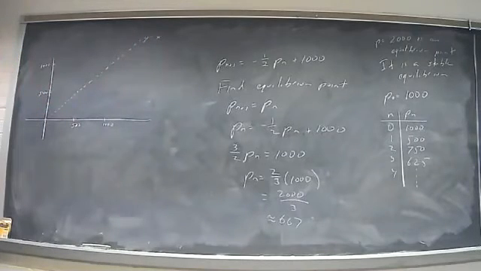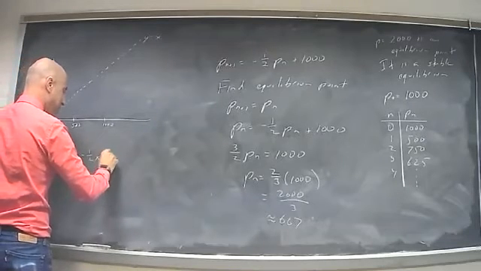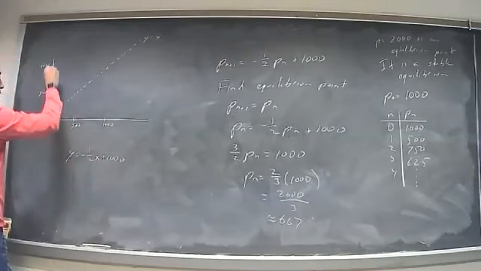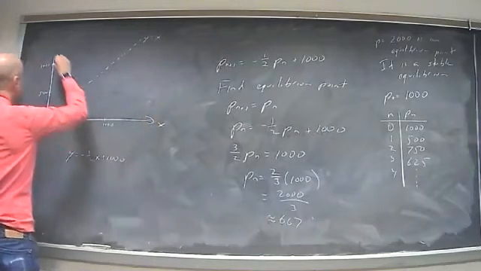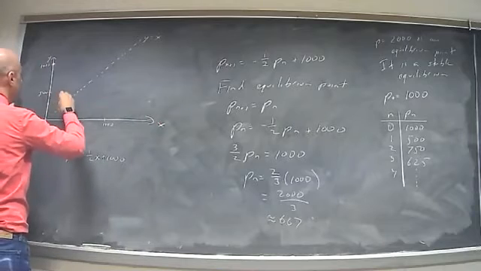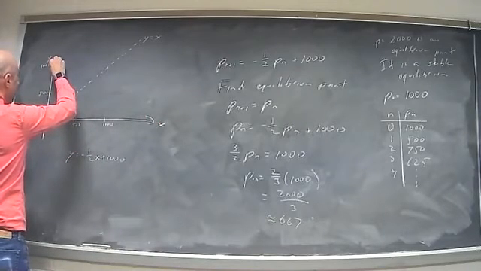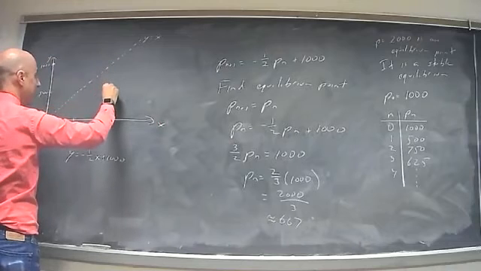And the line y equals minus 1/2 x plus 1,000 crosses the y-axis at 1,000. Has slope minus 1/2. So if I go over 1,000, I go down to 500.